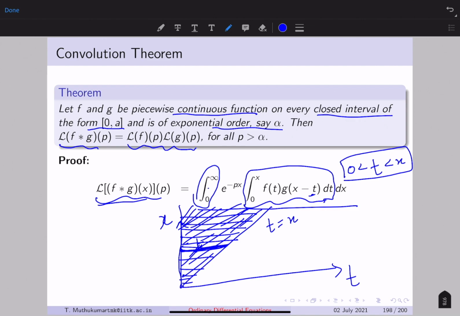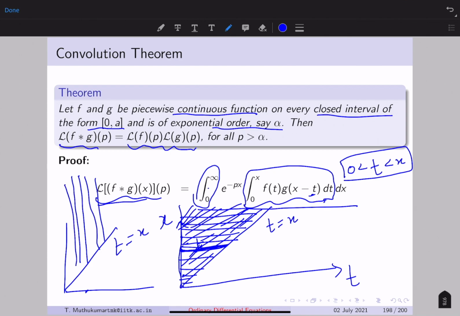So the same region can be seen in the other way as well, right? If I take the same region t equal to x, I could see this in the other way also, where I fix t, and the integration can be done. If I fix t, then x is from t to infinity, along these lines.